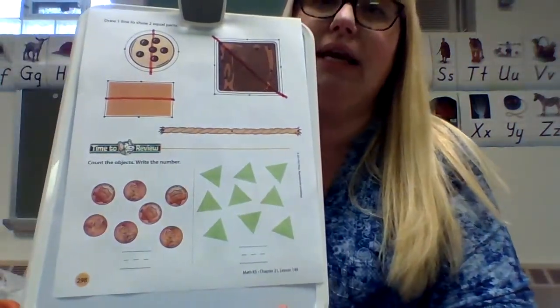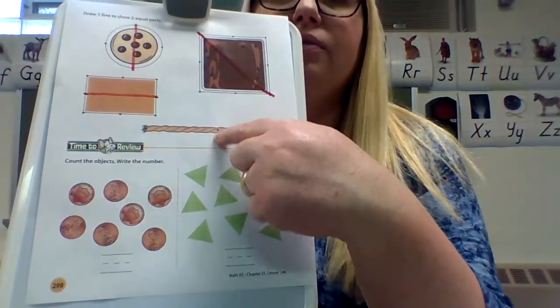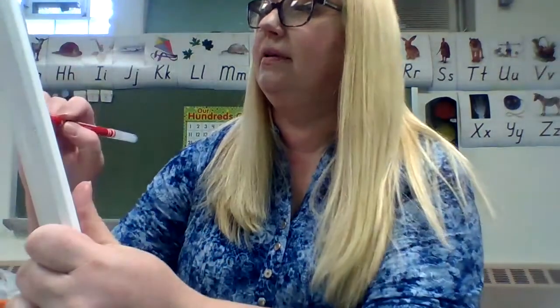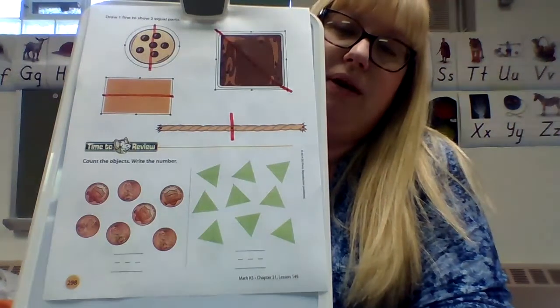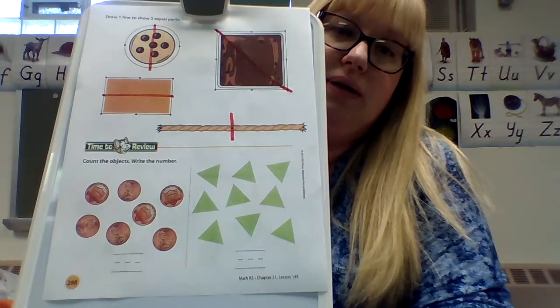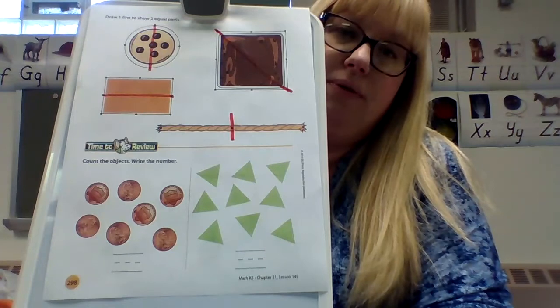Let's see, that looks a little better. I straightened it out. Now we have a piece of rope that it says. The best thing to do with the rope is you see the little dot in the middle? We can just put a line right through it. Cut it in half. Just like that. They put a piece of rope in there to kind of throw you off. You should have 2 equal parts of your rope.